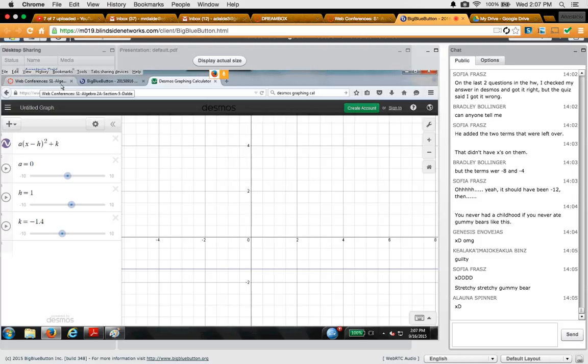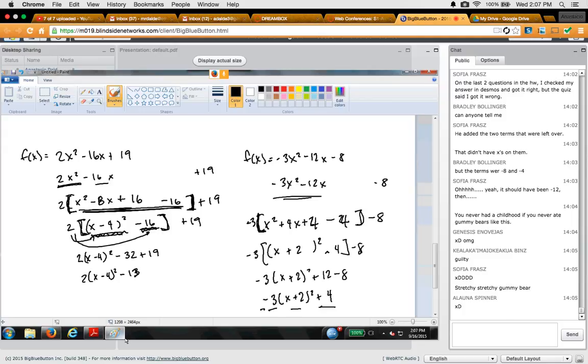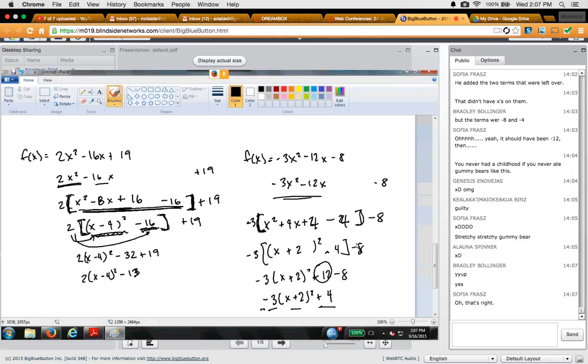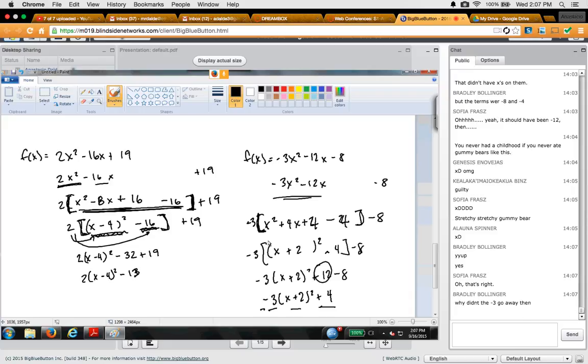Bradley, where did the 12 come from? Is that what you're asking? You're talking about this 12? It came from the -3 times -4, which is positive 12. Because I got rid of the bracket, so I distributed the 3 to both things.